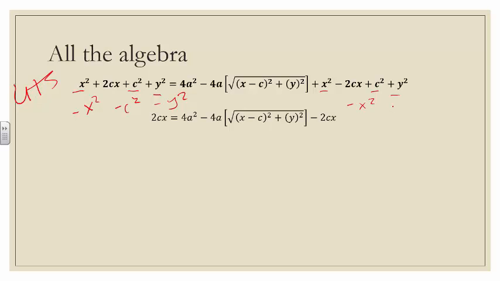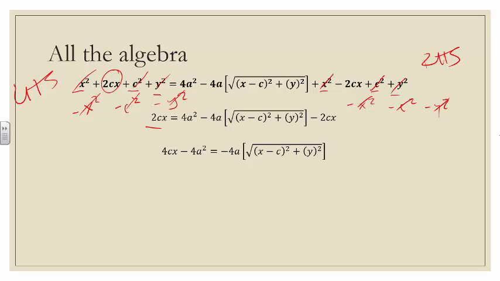We have a minus x squared, minus c squared, and minus y squared on our right-hand side. Notice the cancellations. Similarly, on the right, x squared, c squared, and y squared disappear, leaving us with 2cx equal to 4a squared minus 4a times the square root of x minus c squared plus y squared minus 2cx.